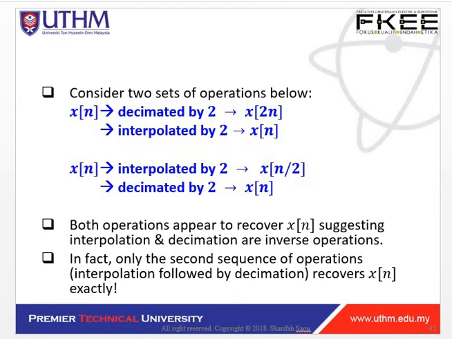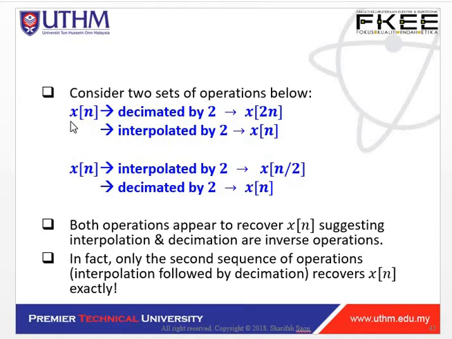So let's consider the two sets of operation below. So xn is decimated by 2, you get x2n, and then followed by interpolated by 2, you get xn. And then xn interpolated by 2, so you increase the sample size, so xn over 2, and decimate, you reduce the size by 2, so you get xn.